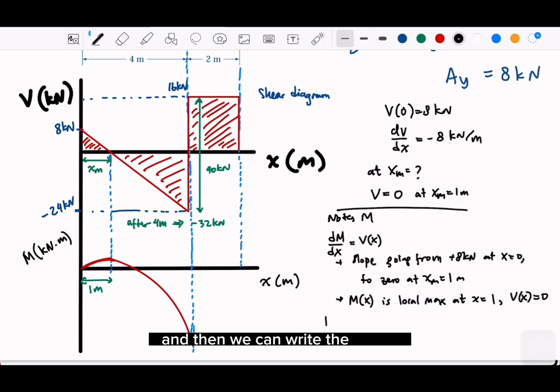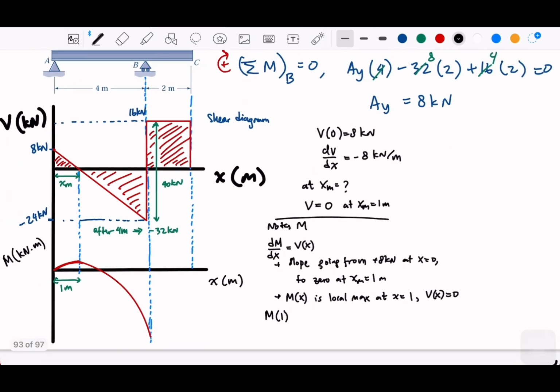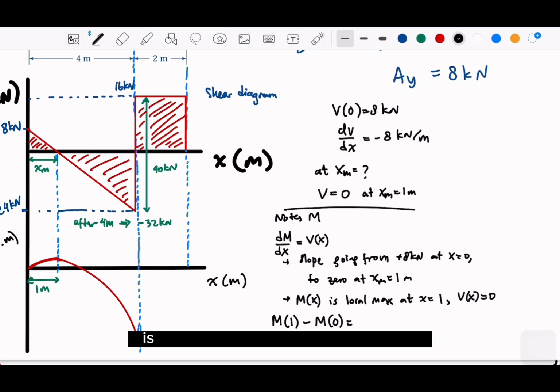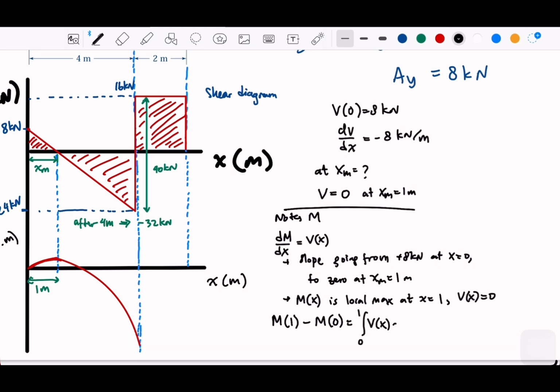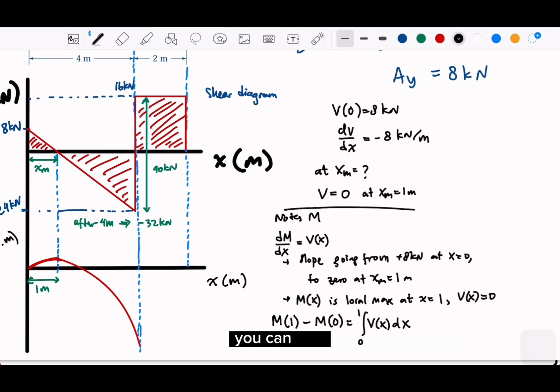And then we can write M1 minus M0 is equal to the integration of Vx dx. I think if you want to skip this integral formula, you can skip it and just use the geometric shapes, and I think that's still okay.